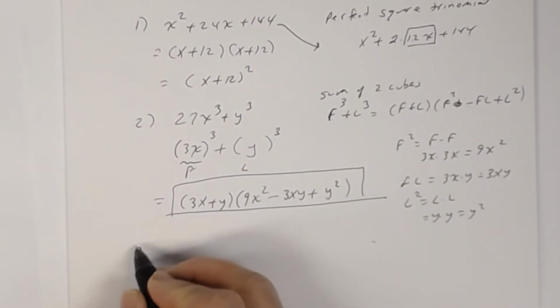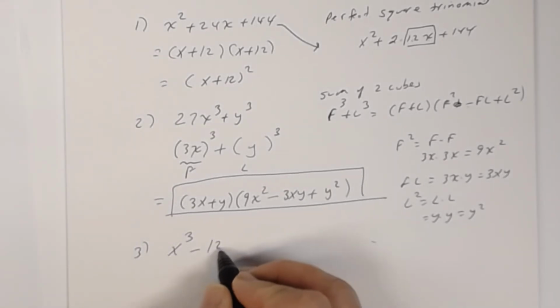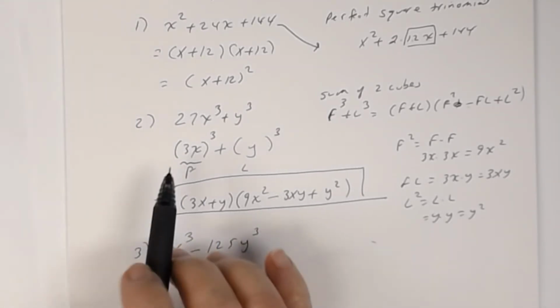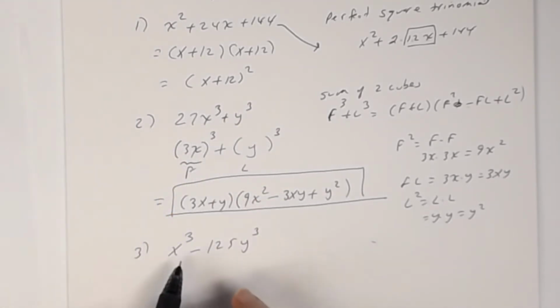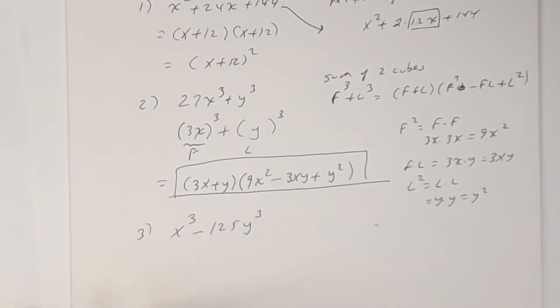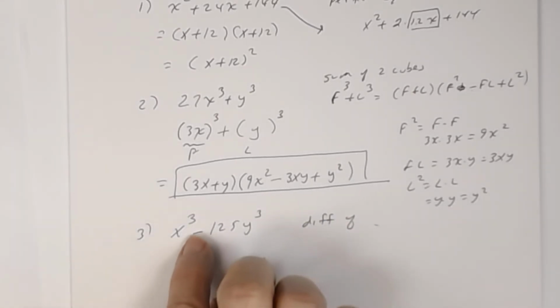All right, number 3. Number 3, you have x cubed minus 125y cubed. So again, remember, you must always look for the GCF first. So the GCF of those two terms is 1. All right, so now let's notice that this is cubed, this is cubed. So let's see if this is the difference of two cubes now, because you have a subtraction here.